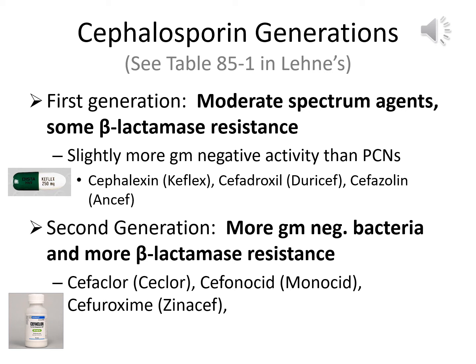Some examples you should know are cefaclor, cefonicid, and cefuroxime. Those are three on the list of second-generation cephalosporins. When we get into the third generation, they seem to enter the cerebrospinal fluid better, so they work better for brain infections than the first and second generation do. So let's look at those next.